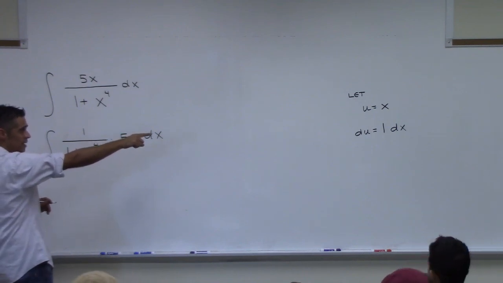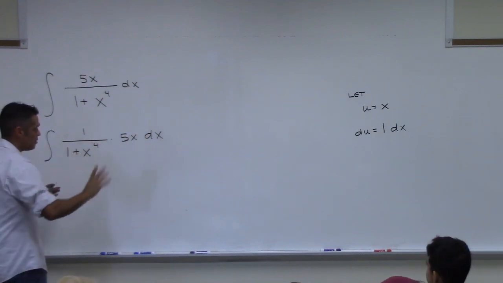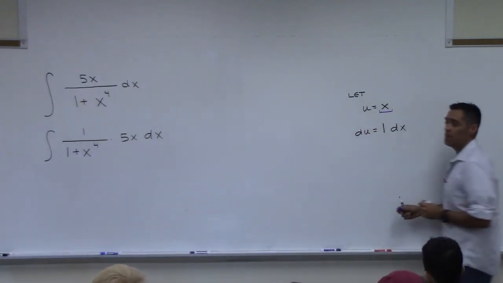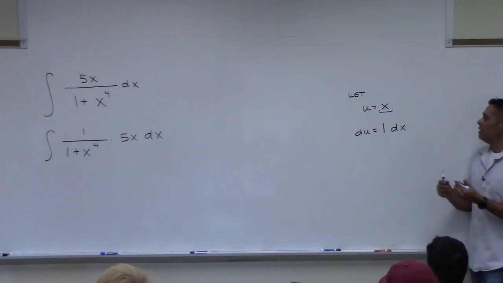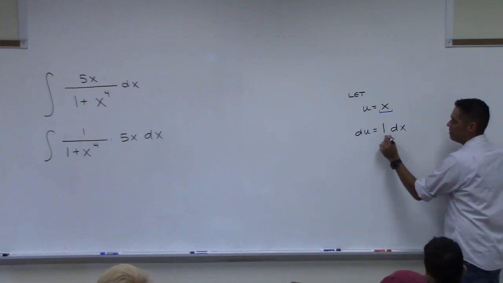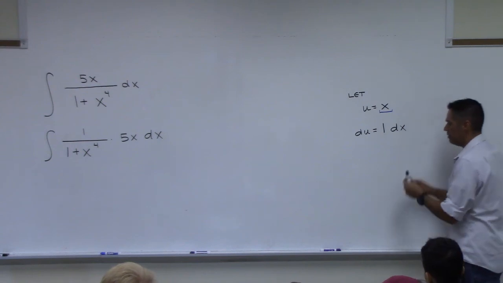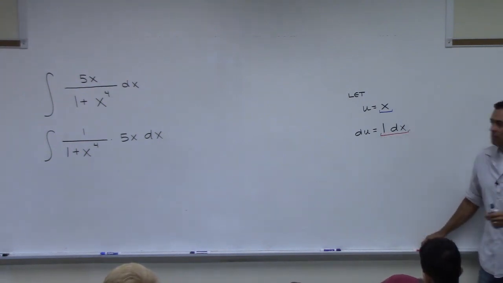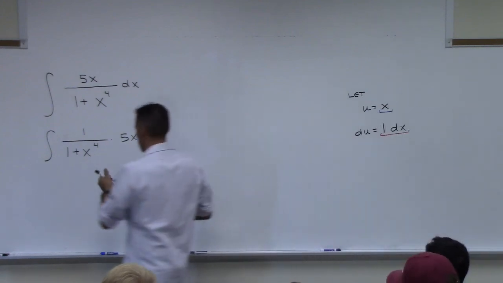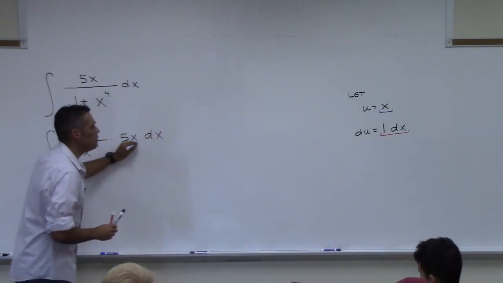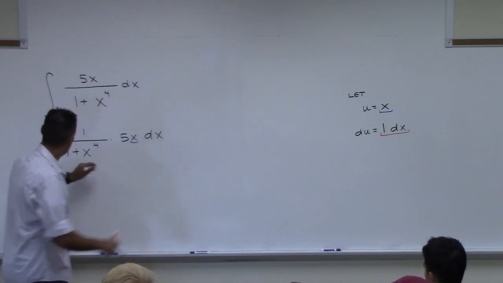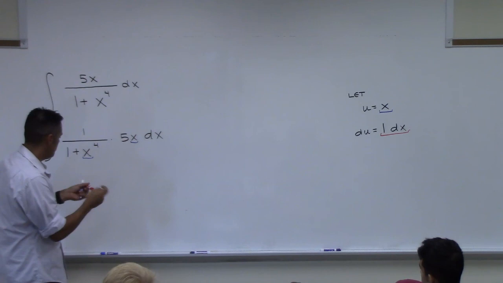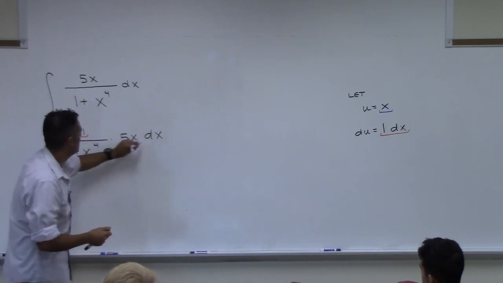And what we're going to do is try and match things up. Everywhere we see x, we're going to be replacing it with u. Everywhere I see 1 dx, I replace it with du. So let's see where that is. This right here is going to get replaced with u. This right here is going to be replaced with u. And then 1 dx.